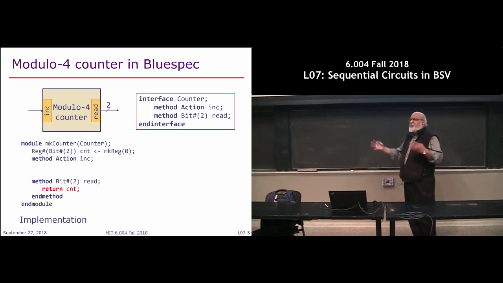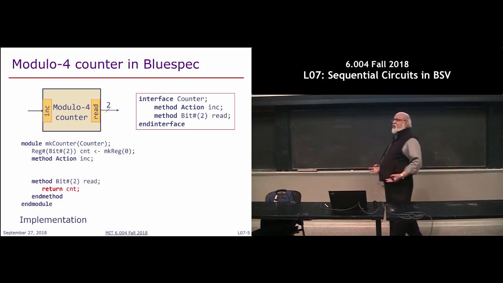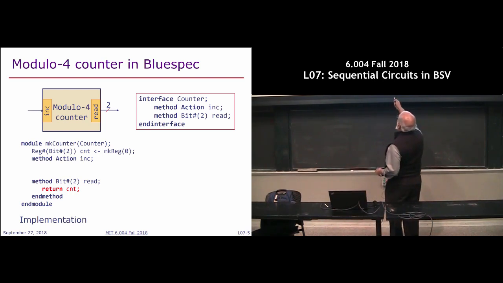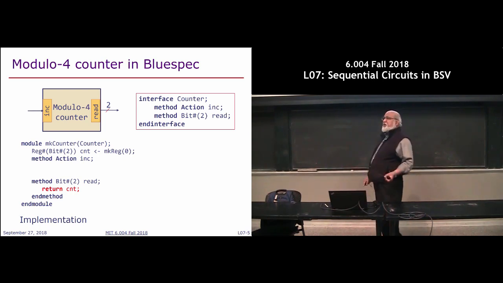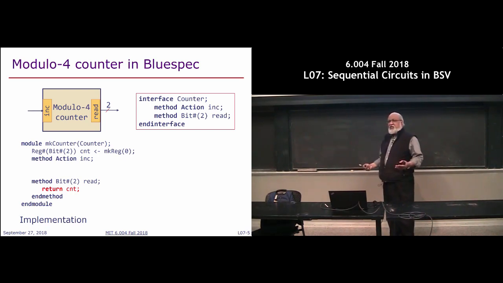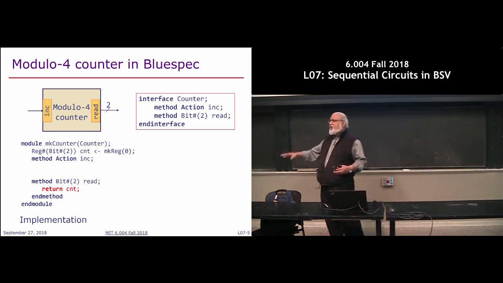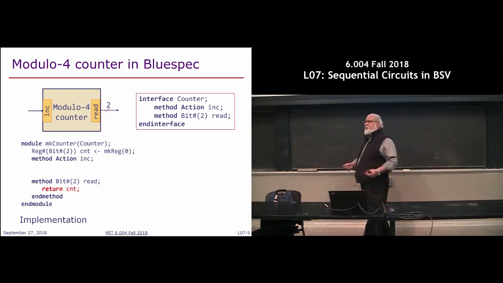I'm assuming somebody has told us how to make registers, and that program is embedded inside this module, make registers. It makes registers. Does that make sense? So it's a hierarchical thing. Registers is where it bottoms out, right? So the lowest level thing we'll deal with is make me a register.